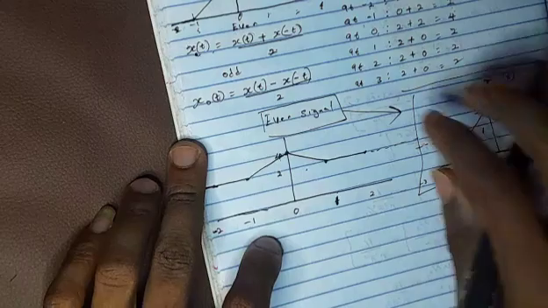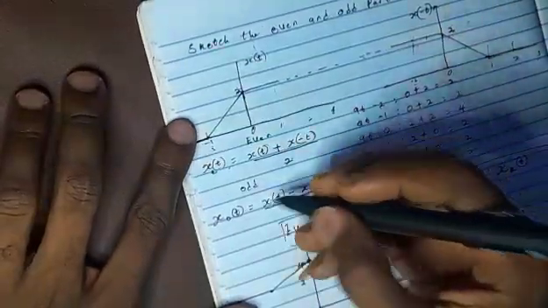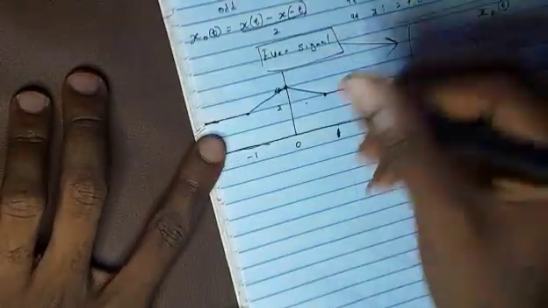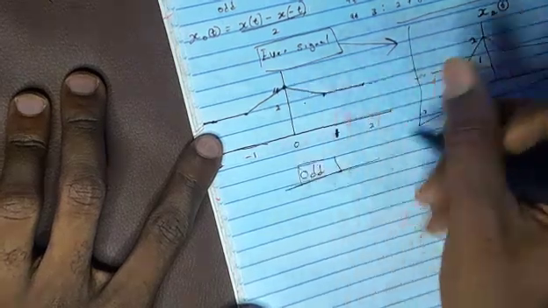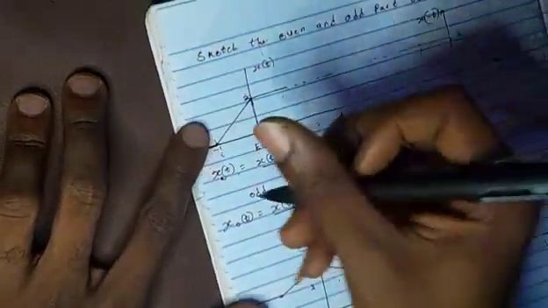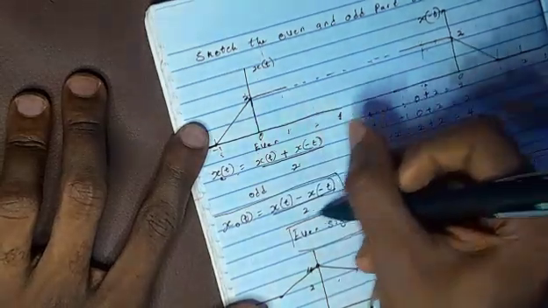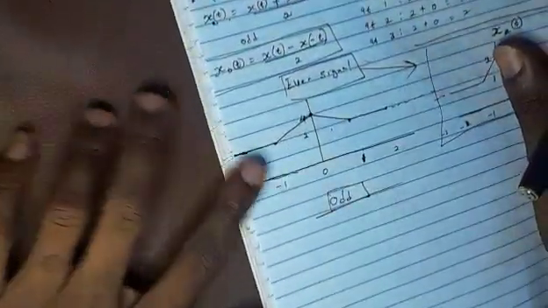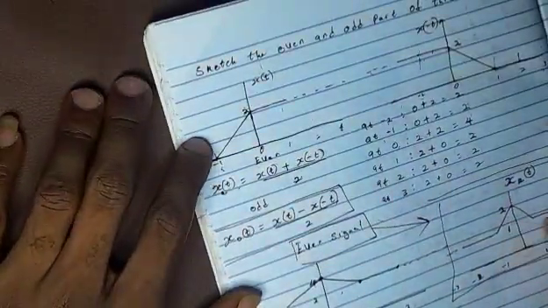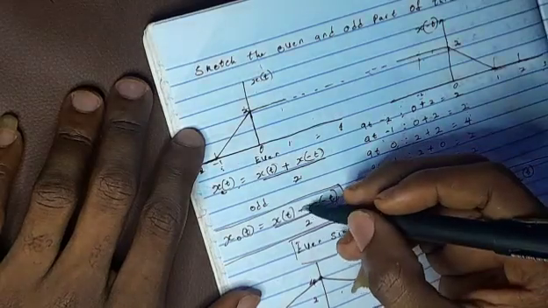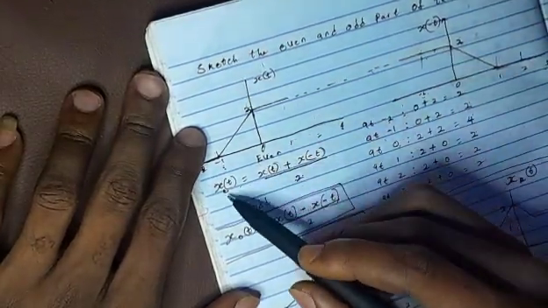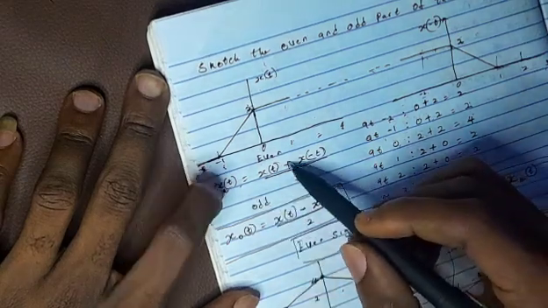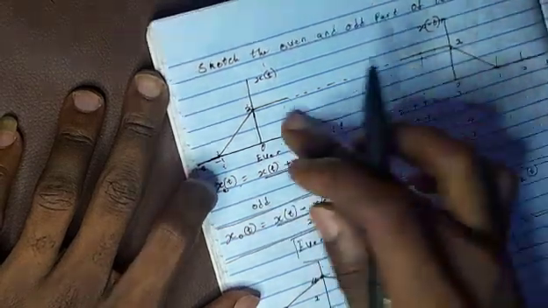So we are going to be finding the odd part of the signal. So we are just going to be using this formula, right, to find the odd part of the signal. And all we have to do is what, remember when we were finding the even part of the signal, we are adding these two signals together.